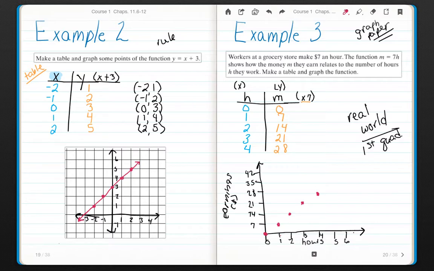So let's try that again. There we go. Now this time it's a little bit different. Because I can't have negative time and I can't have negative money, my line starts at 0, 0 and continues this way. So I will only have an arrow on this end. Okay? So make sure you use a ruler or some nice straight edge to make your line nice and straight.